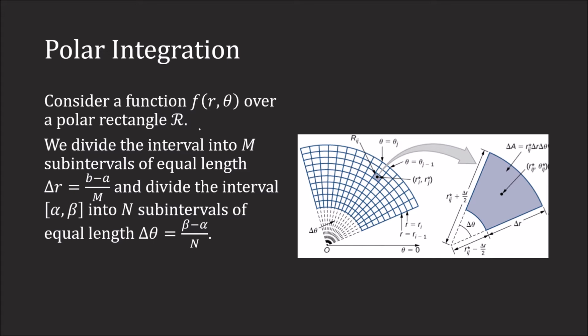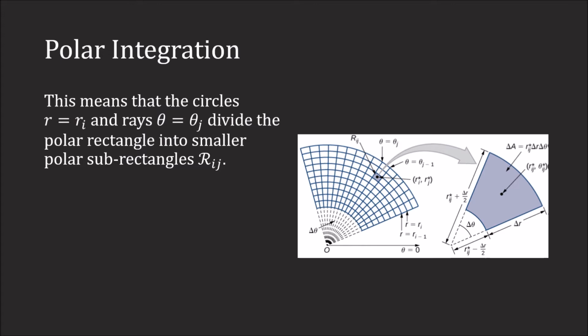So this interval here, that should have been the interval for r, so a to b. This means that the circles r equals r sub i and the rays theta equals theta sub j divide the polar rectangle into smaller sub-rectangles R sub ij.